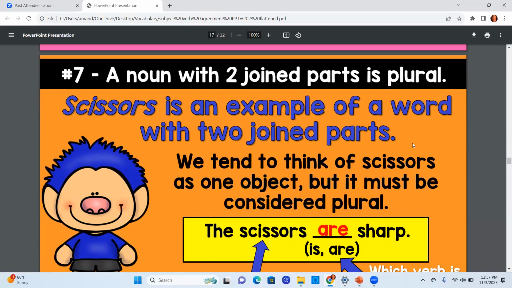One way to look at it is if you look at the scissors that open and close to cut paper or even hair, there are 2 parts of it, and you need 2 of them to make the scissors work. So because there's 2, you can think to yourself, that would be plural. One pair of scissors, but there's 2 blades to cut paper or hair. So that 2 would make it plural.